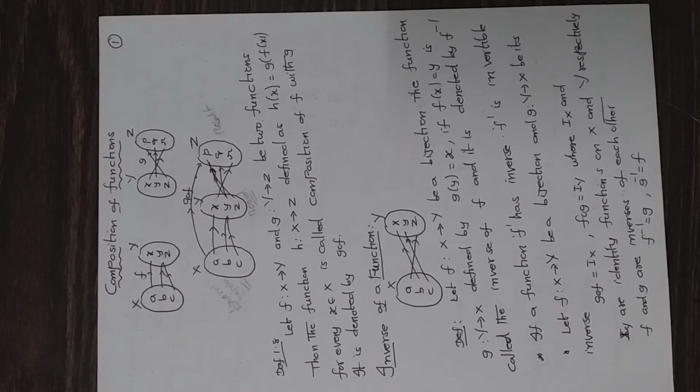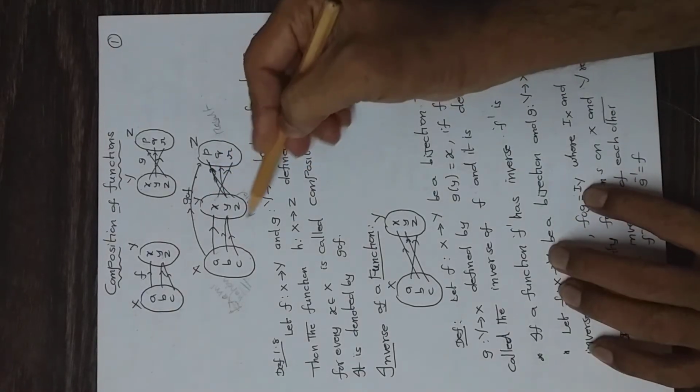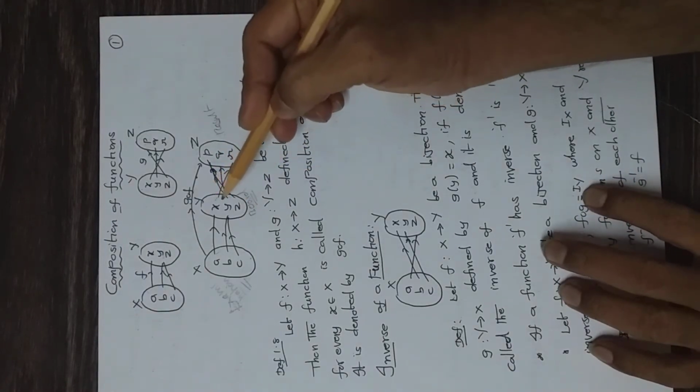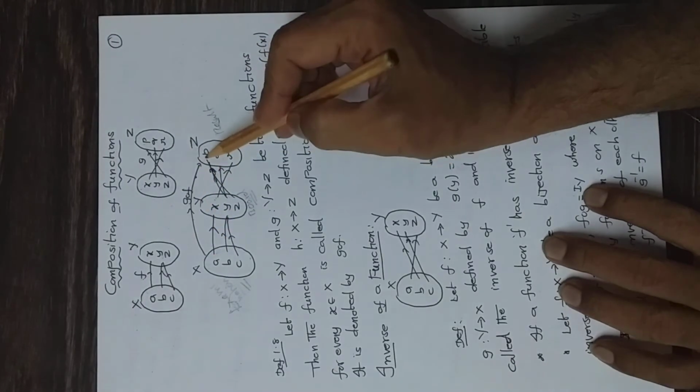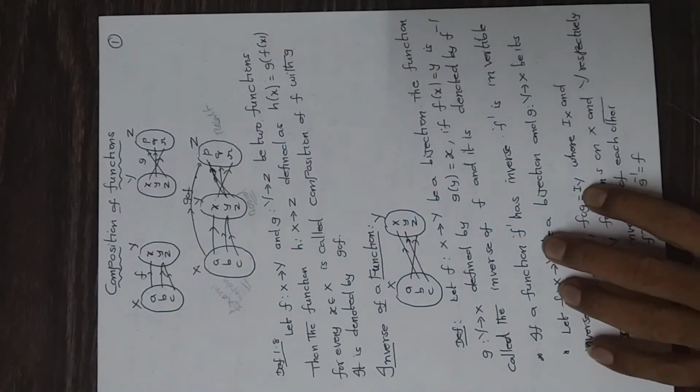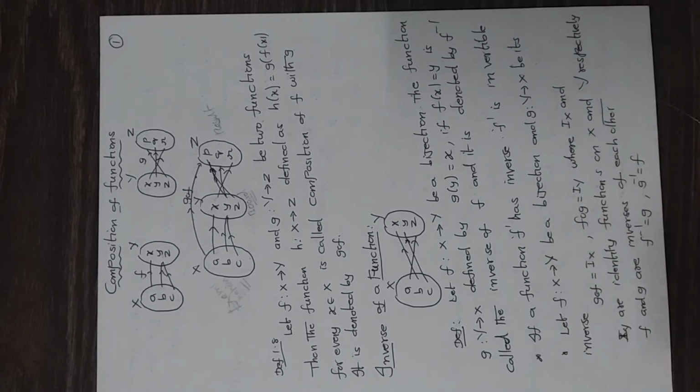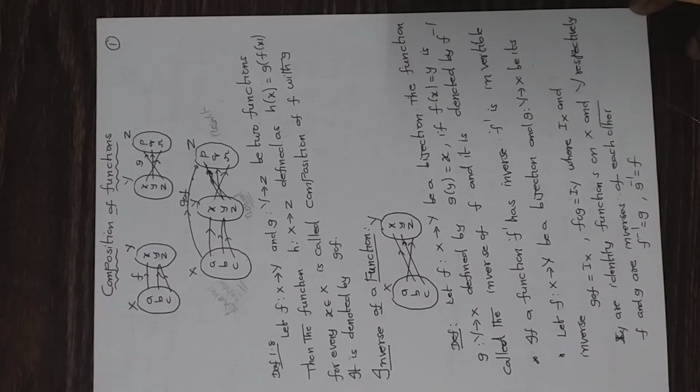So ultimately the middle one has no that much importance. We are giving importance to the first and the last. That's why it is known as a composition. Not one function, two functions we are combining, in which the first function's codomain and the second function's domain are the same.